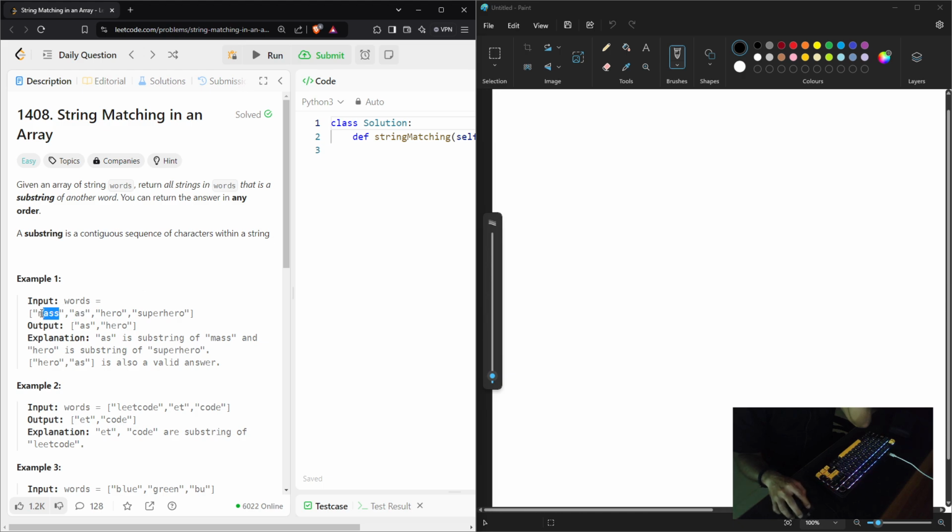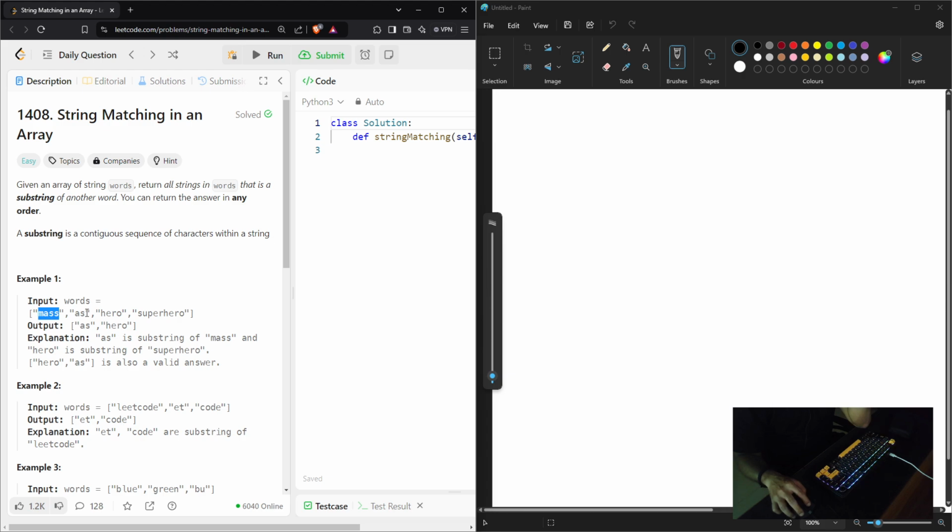In the case of mass, we see no such word for which mass is a substring. For as, we see mass is a word which contains as as a substring. It could also have been under another word here called was, but we just have to see if there is even a single word which satisfies the condition, and the condition is: is it a substring of any other word in this list?